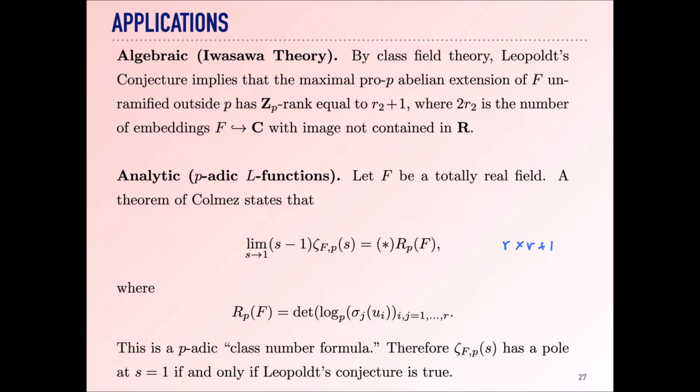So you do the standard thing: if you just cross out any one column, you make it an r by r matrix. The sum of the rows is still 0 because it's the log of the norm of the unit, but the norm of the unit is 1, so the log of the norm is 0. So the sum of the rows is 0. So you cross out any one column and you get an r by r matrix, and you take its determinant.